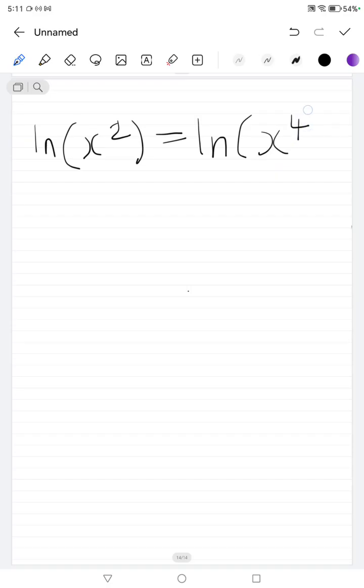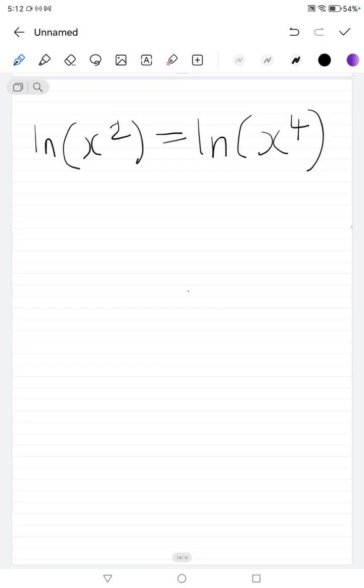We have ln of x squared is equals to your ln of x to the exponent 4. You see, so with this one, if you try to rearrange, you will see it's not actually going to work for you.